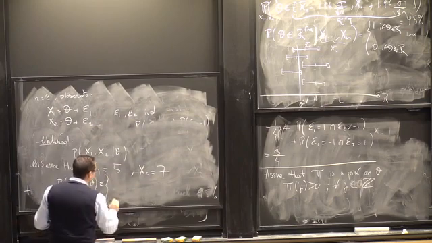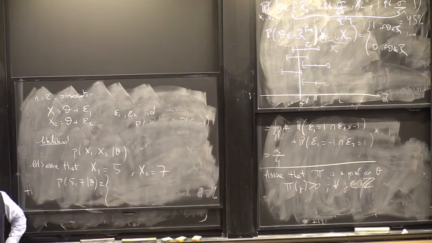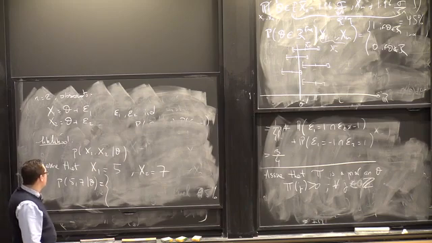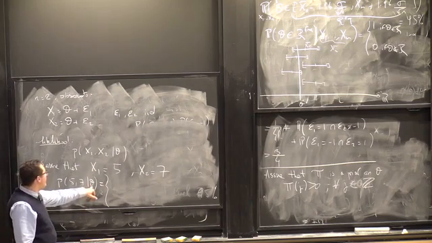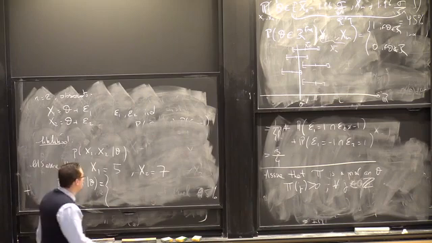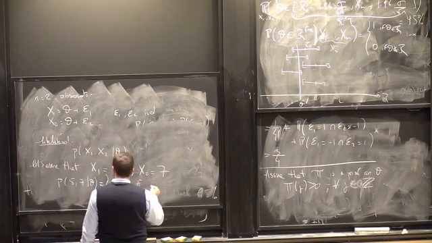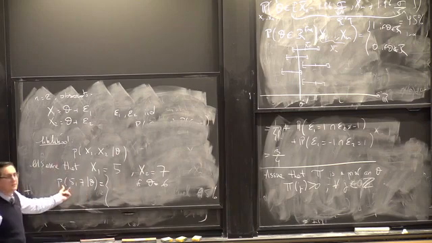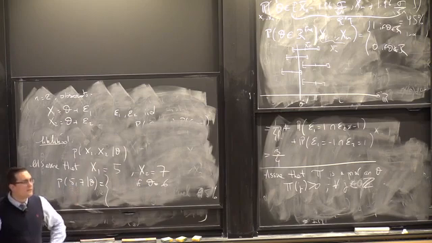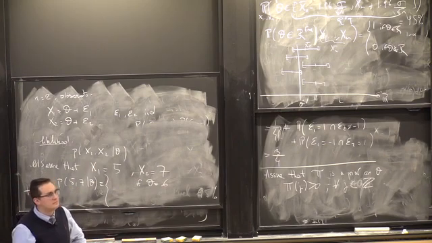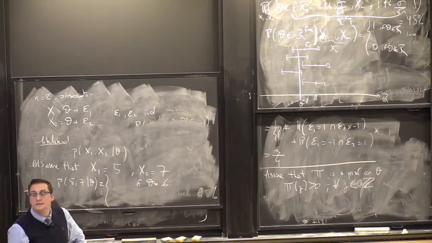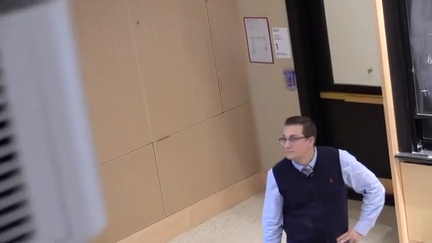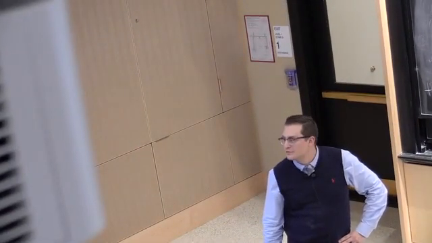What is this likelihood? Well, if theta is equal to 6, that's just the probability that I observe 5 and 7, right? So what is the probability I observe 5 and 7? 1/4, right?